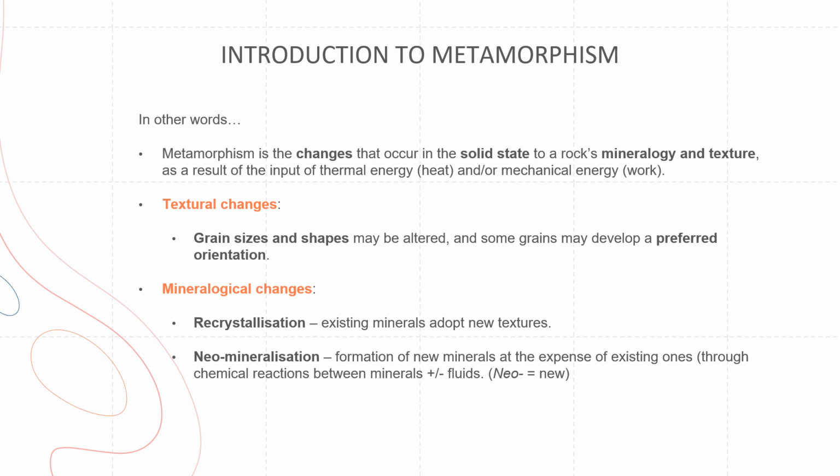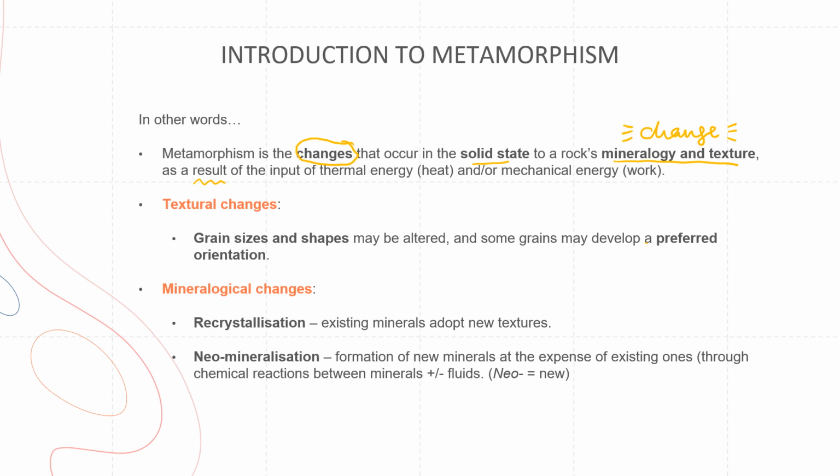Okay, so one last time, just to drive the point home, metamorphism is the changes that occur in the solid state to a rock's mineralogy and texture as a result of the input of thermal energy and or mechanical energy. So we talked about change in mineralogy and texture. And what does that mean?